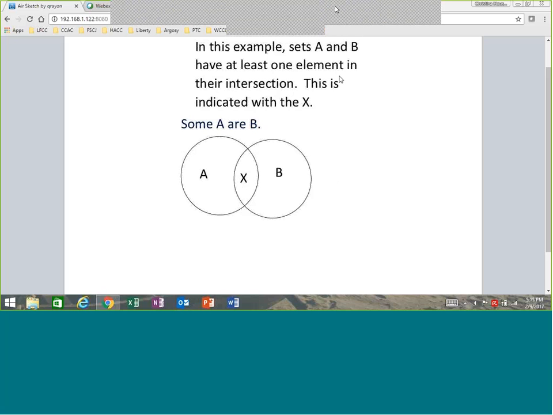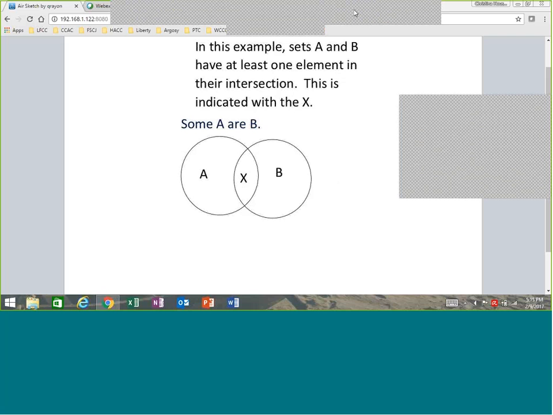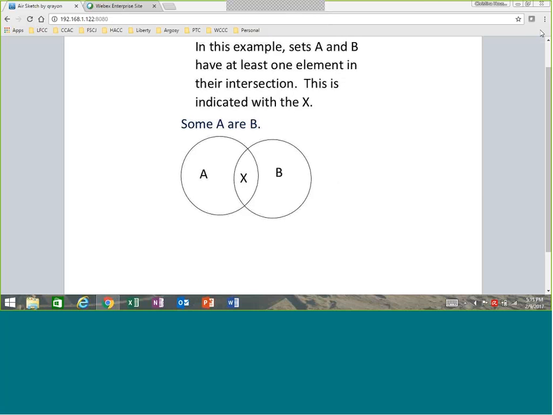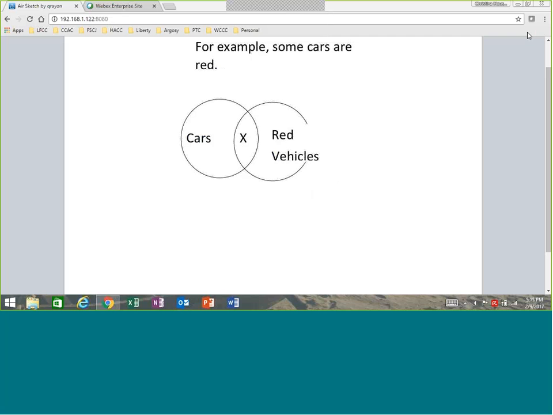It's just saying that there's at least one thing in set A that is also in set B. For example, some cars are red. So you have red vehicles and you have cars, and there's an X there indicating that there's at least one car that is red when you say some cars are red.